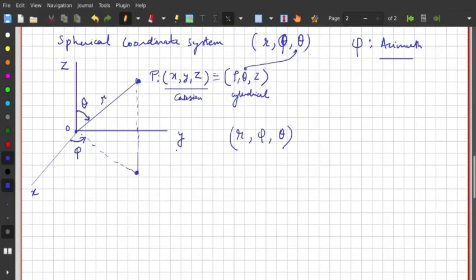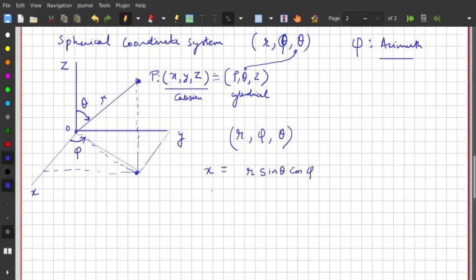So let's write a similar relationship between the Cartesian and the spherical as we did for cylindrical. Just draw the projections. This is x, and that is r sine theta, which is this length. This length is r sine theta, and the projection of that on the x-axis is r sine theta cos phi.